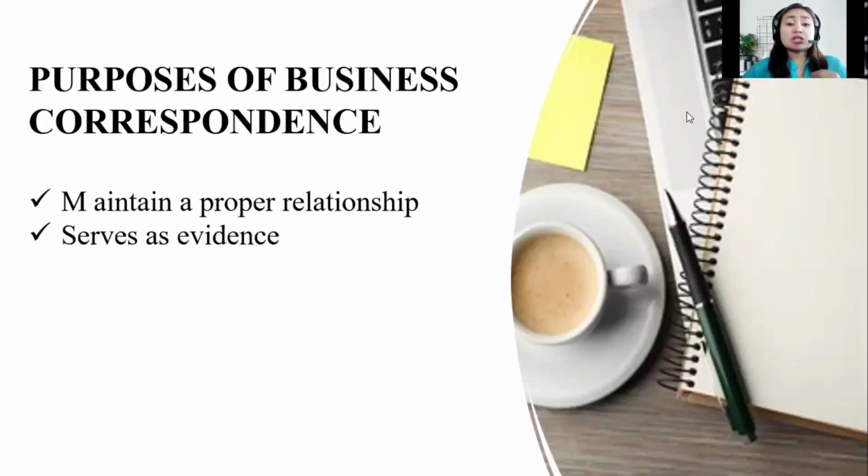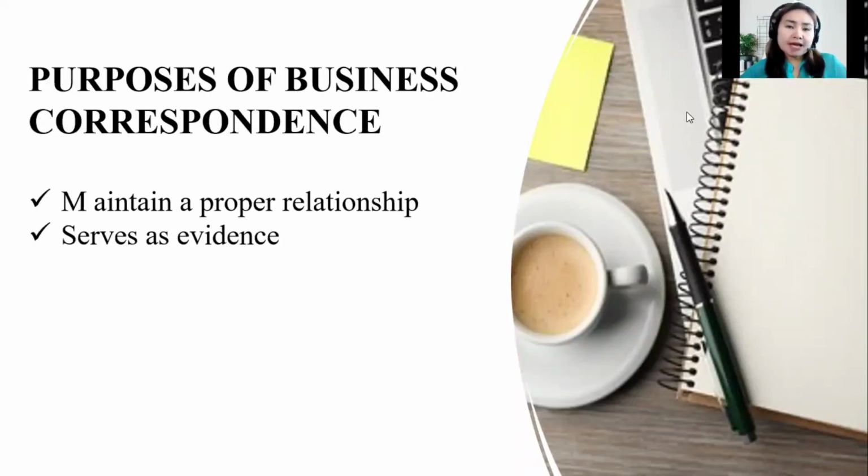Okay, next, it is serving as an evidence. For example, in an organization, the CEO of that organization released a new policy, right? And for example, in that new policy, they are requiring the employees to submit this requirement, for example, right?